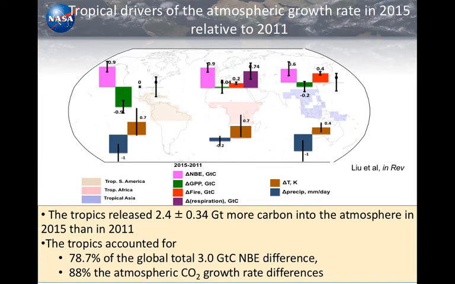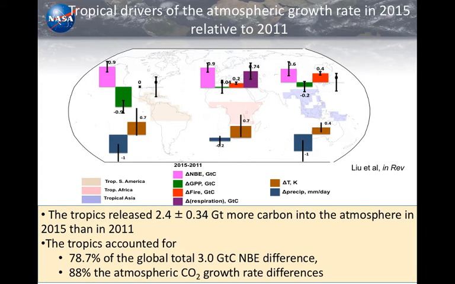When you do that, this is looking at the tropics and the drivers of the atmospheric growth rate between 2015 and 2011. We use 2011 as a reference year. What you're looking at here is the total flux. This is the inferred gross primary productivity. This is the contribution of fire, and this is the inferred respiration.